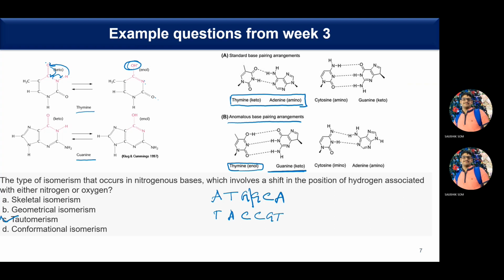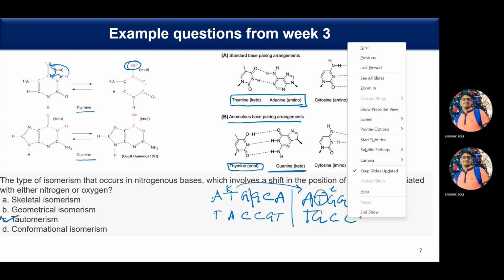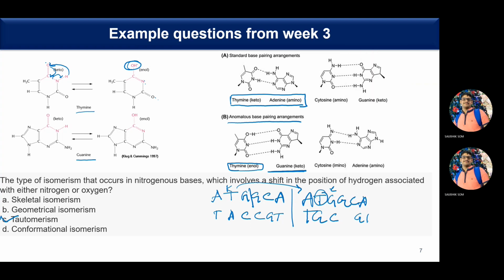Now, for example, this thymine was in keto form, and now it has become the enol form, right? So at that time it will base pair with G, correct?